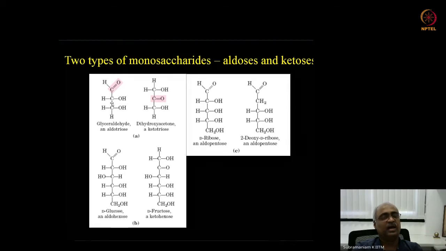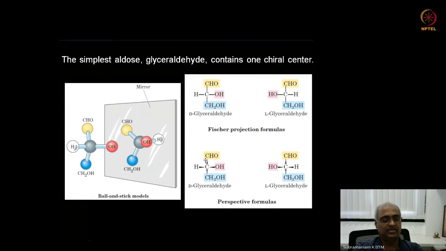And so as a result, these are four different substituents, and this is a chiral carbon. So in chiral carbon situations, you can have two different orientations, as we have seen earlier.